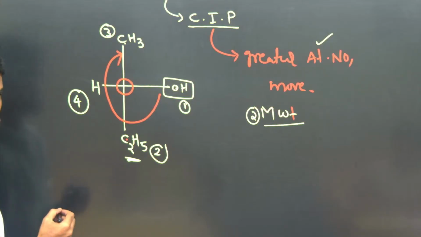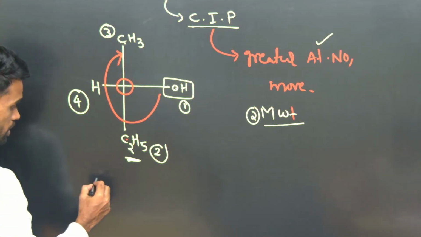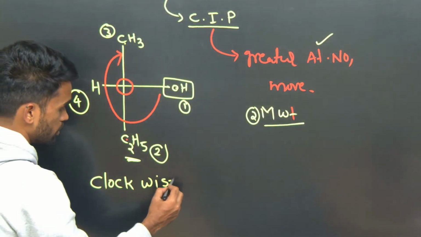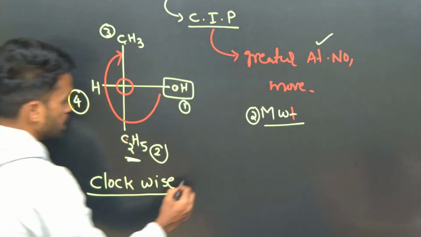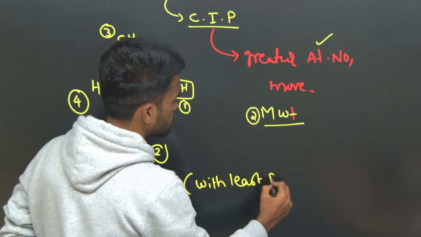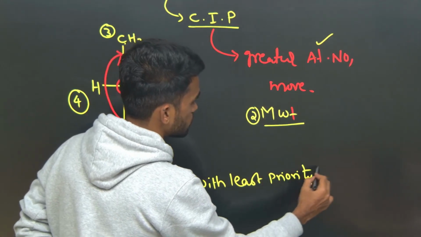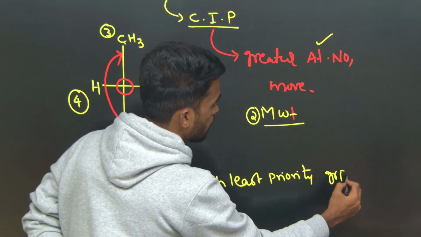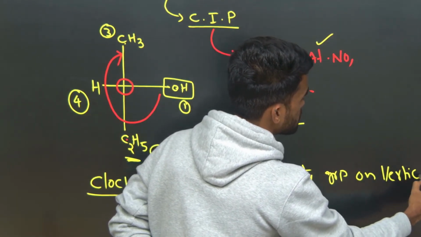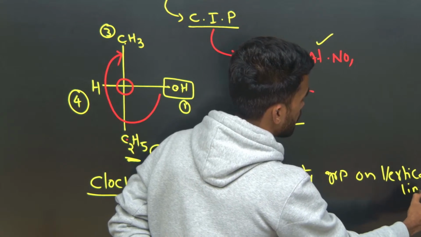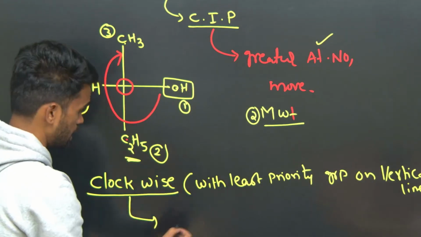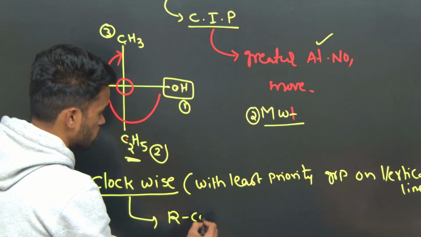So in Fischer projection, look here carefully: if it is clockwise with the least priority group on the vertical line, then you should say it is R configuration.